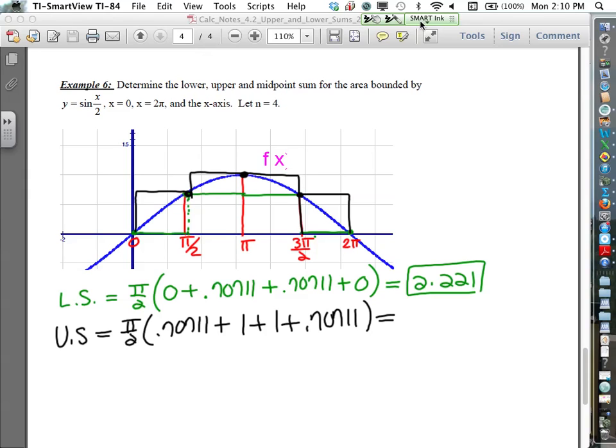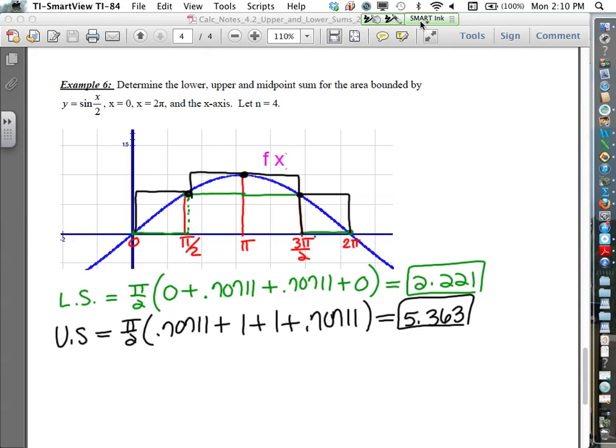Add them up, multiply by pi over 2. What do we get? 3.304. Okay, just round it to 3 decimal places.